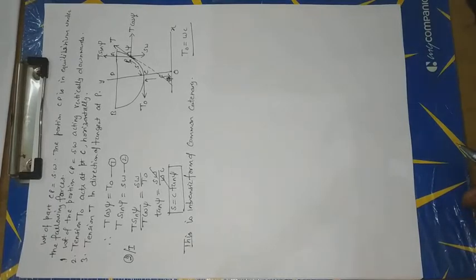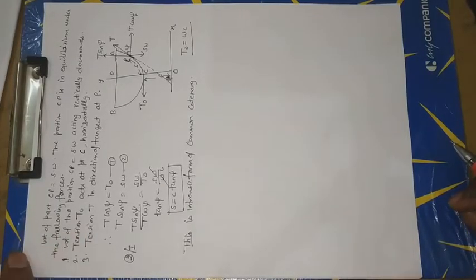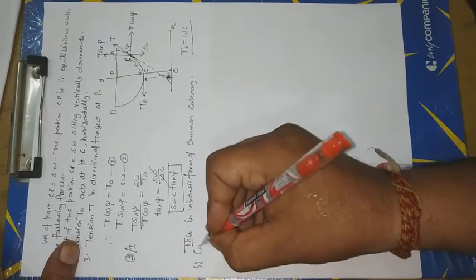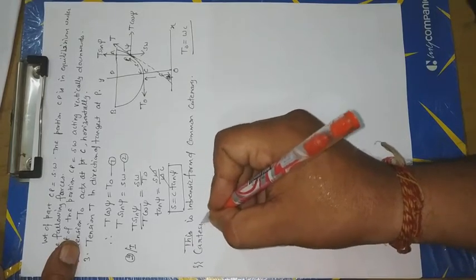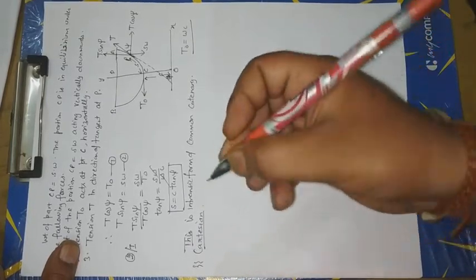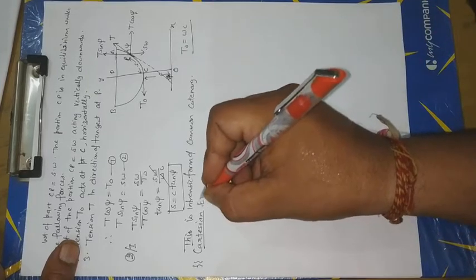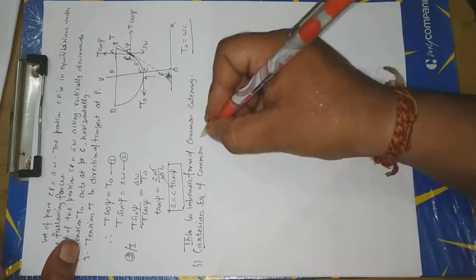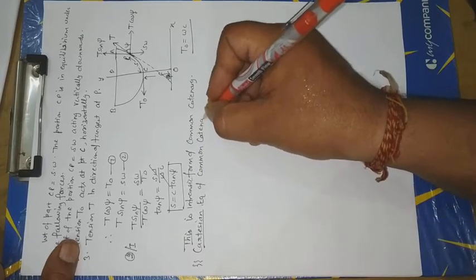Article is complete. Now, second article, Cartesian equation of the common catenary.